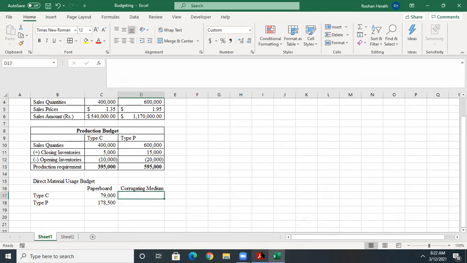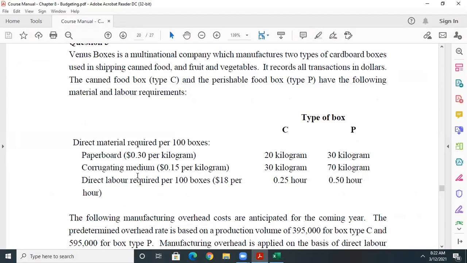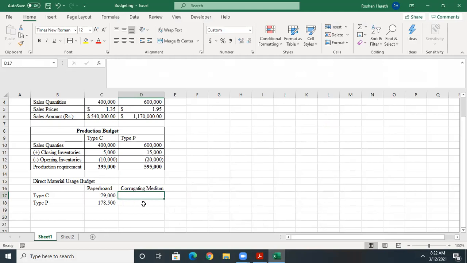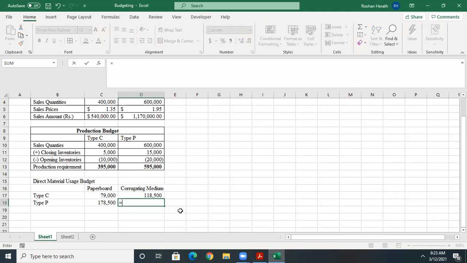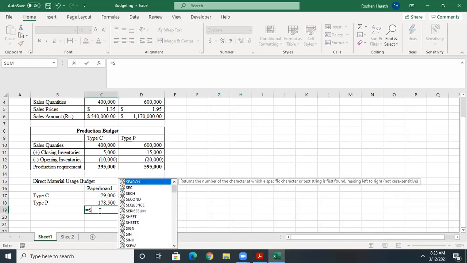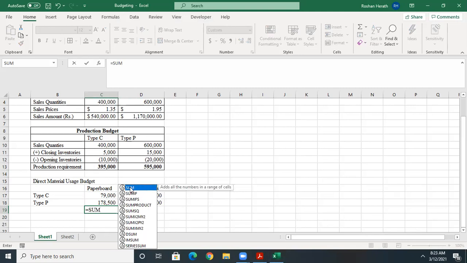Then for the other material, the medium, it takes 70 kilograms per 100 units, so 595,000 divided by 100 multiplied by 70. This is it. And then you can come up with the material requirement for the production.